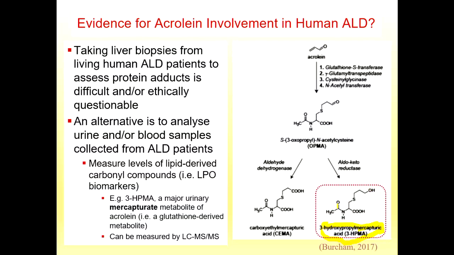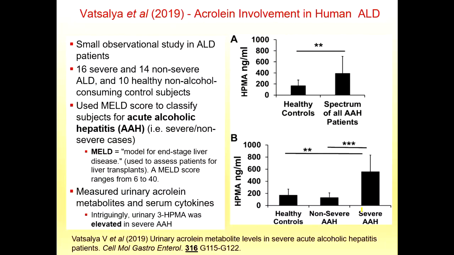And you can measure acrolein-derived mercapturate in urine. And it's there in all of us, and depends on what you like to eat. If you like eating chips, potato chips and fried food, your levels of HPMA go up after a meal. But lots of it is formed in people with alcoholic liver disease, and it seems to be a good marker of a pretty nasty advanced form of the condition, acute alcoholic hepatitis.